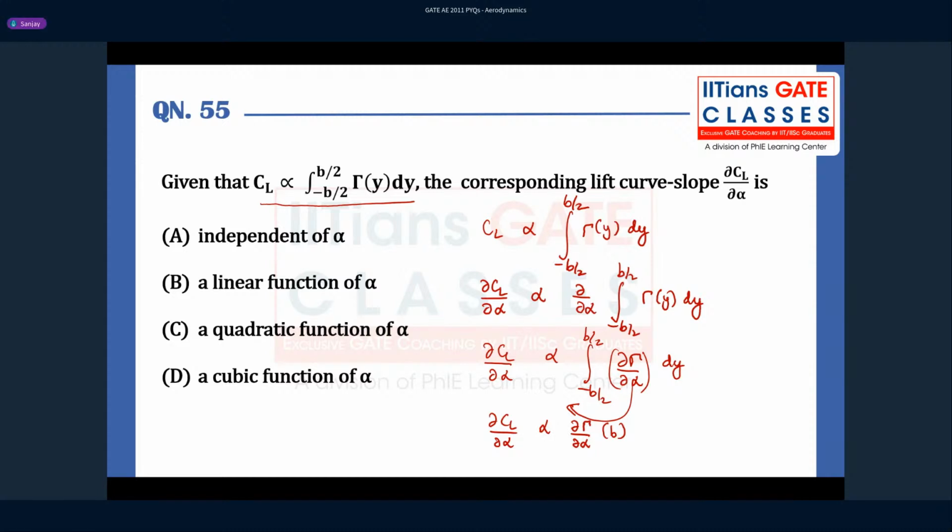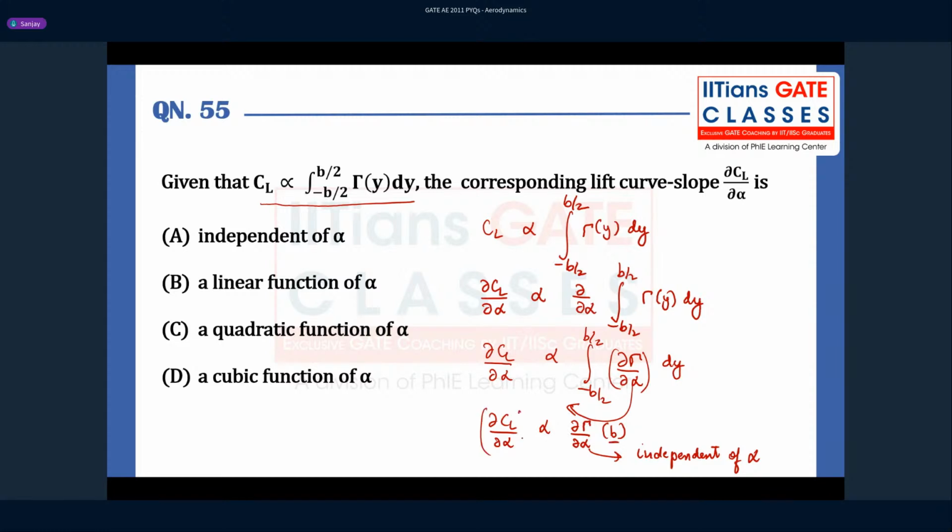Okay. Now from the previous question, we have seen dou gamma by dou alpha does not depend on alpha, right? This is independent of alpha, and you know b is the span length that is also independent of alpha.